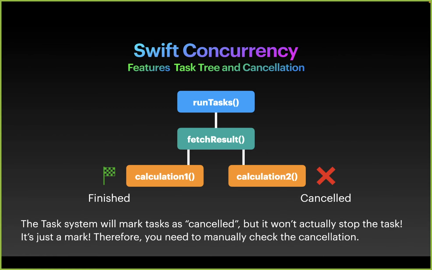So you always have to manually check the task cancellation and do some early return. The cancellation mark happens automatically, but you have to check manually to do early termination.